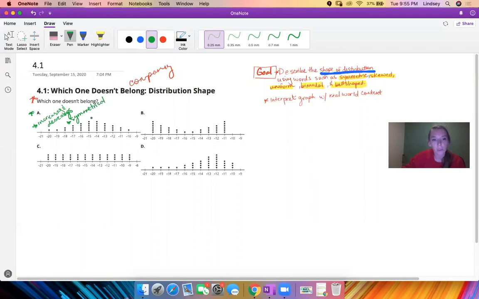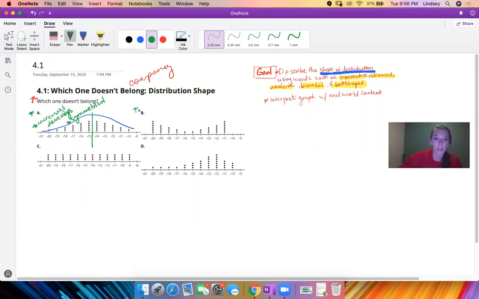Meaning that if we drew a line right down in the center, it's going to be very similar on both sides. It's not going to be exactly the same, because I see there's a little dot over here. But overall, it's going to be symmetrical. So it increases and it decreases. I want you to notice it goes up and then it comes down. So maybe that's why you chose A.